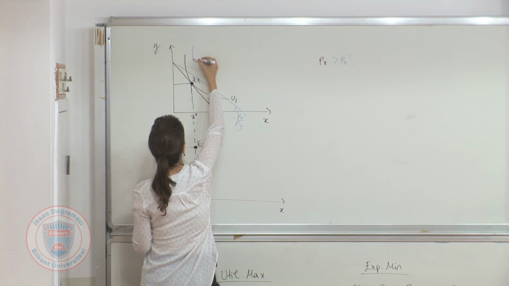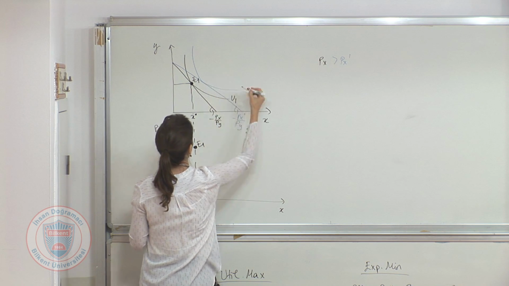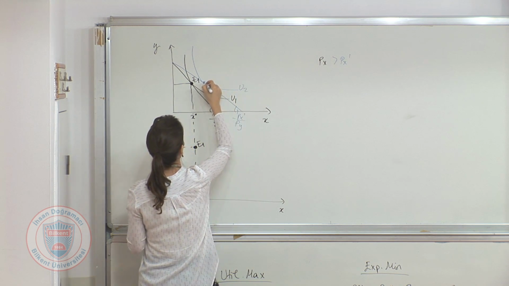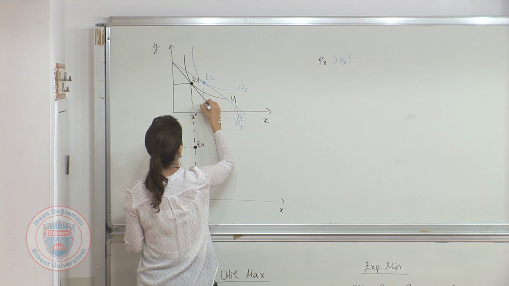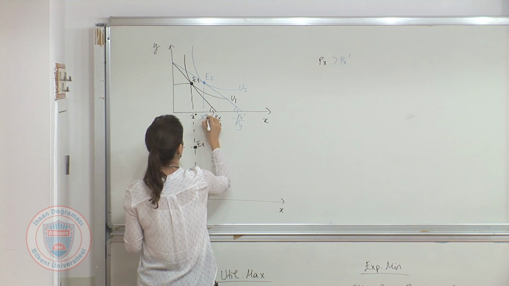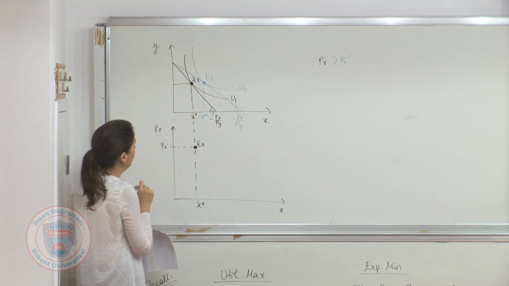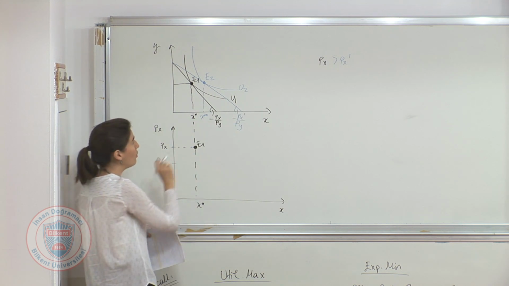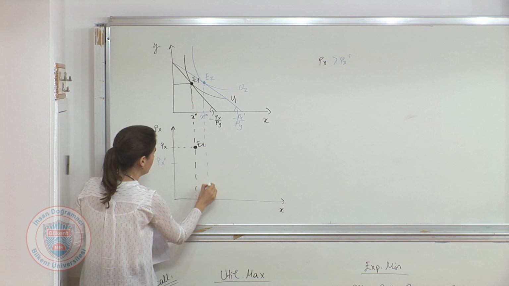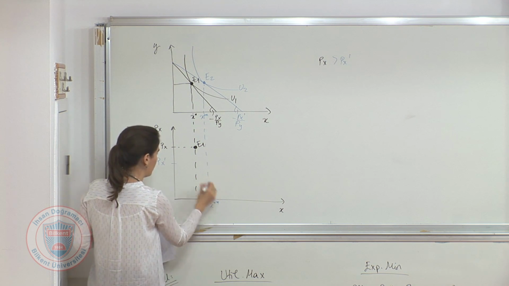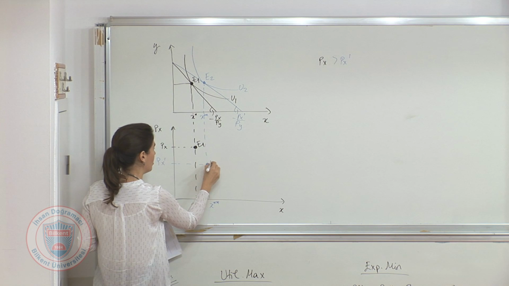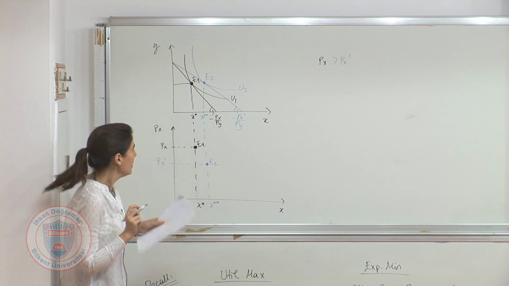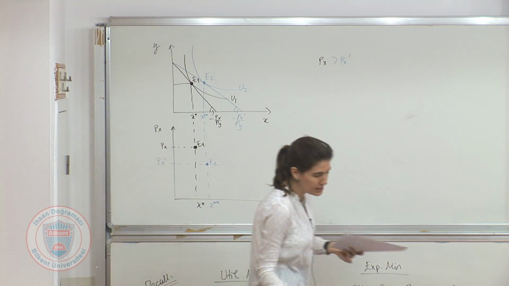And then I'm going to look at my new optimal bundle. Let's call this U2, this is going to be E2. So x star, okay, x double star. Now, when price is px prime, which is lower, my optimal bundle, x double star, is here. I call this E2, okay? Now, let me decrease the price even further.